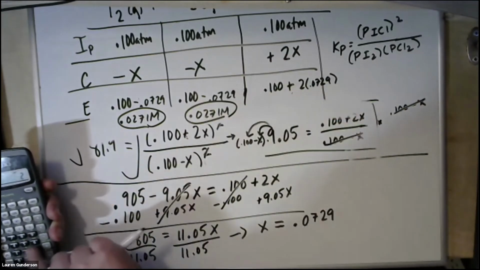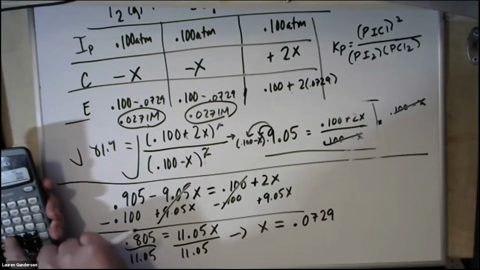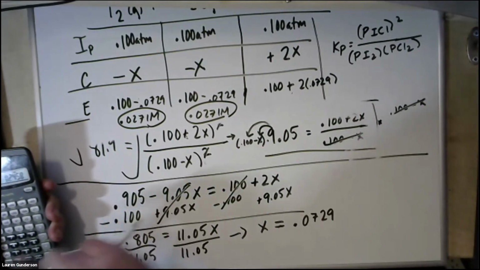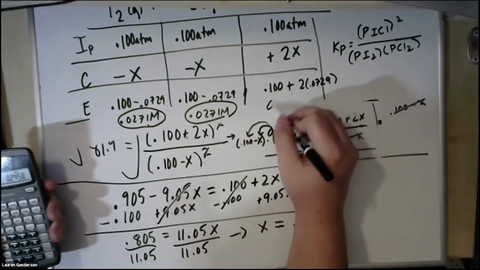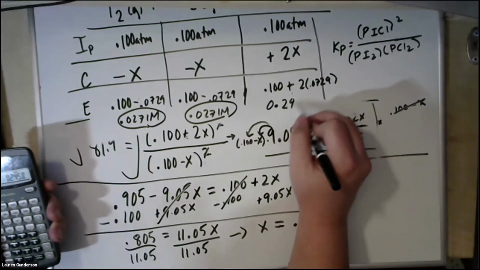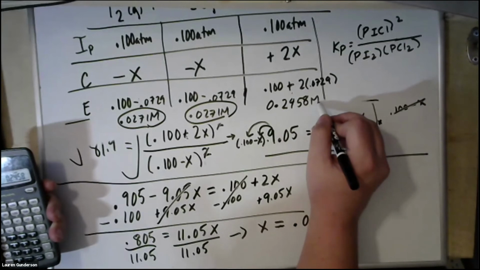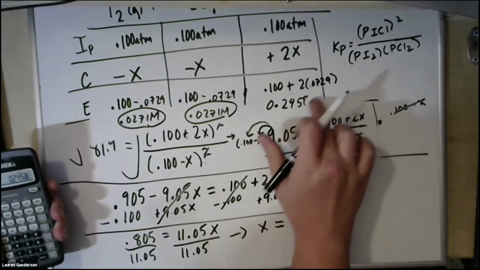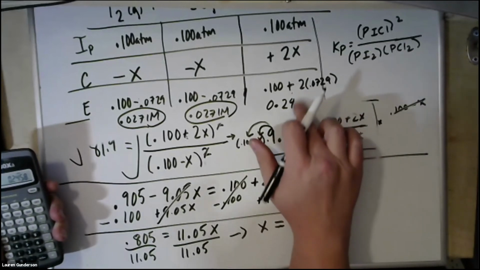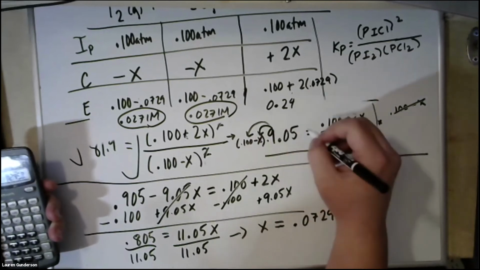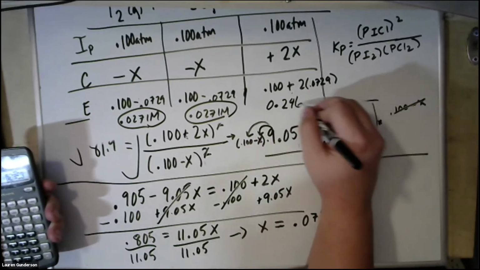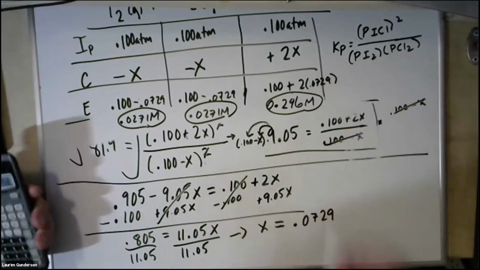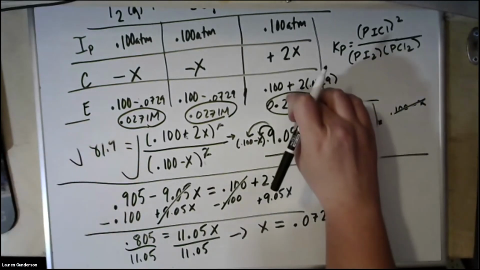And then here we have 0.2458 molar. Let's take another sig fig back. 0.246 molar, we'll say. That's a 4.